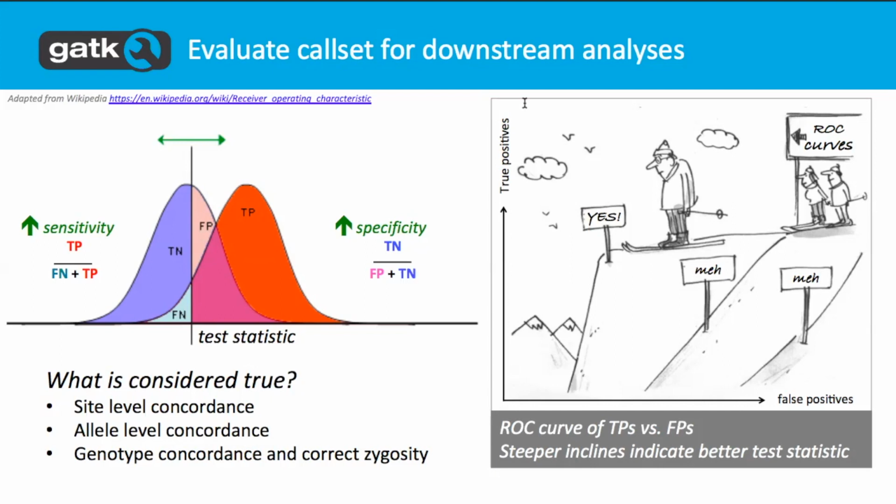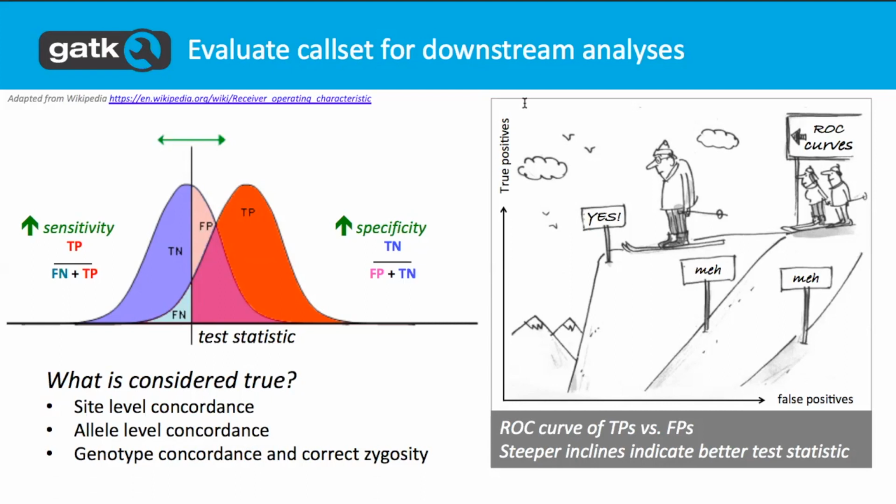But essentially, the idea here is that you want to be as close to true positives and away from false positives, but also not losing out on any, basically not getting too many false negatives. So essentially, you want to be close to this steep curve, and how you get to that is using various filtering techniques.